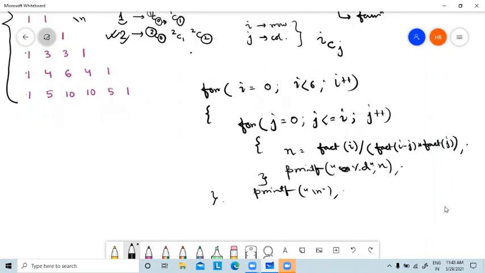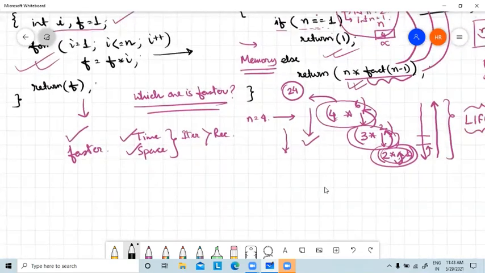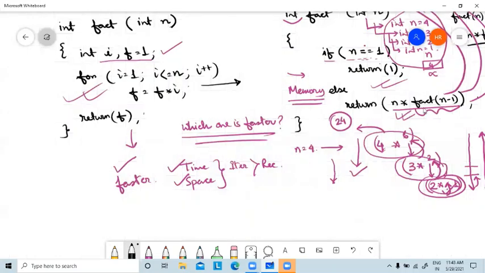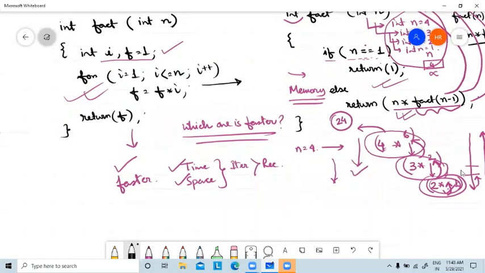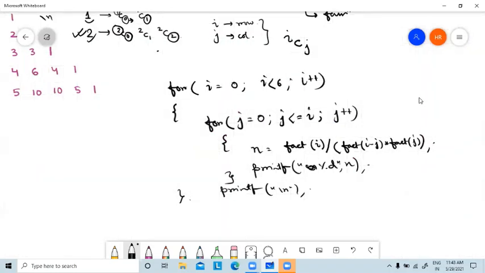Okay, and we have already defined the factorial function. Here is the factorial function, either the iterative one or the recursive one, whatever you have written, that will be written after this. Suppose this is inside the main function.